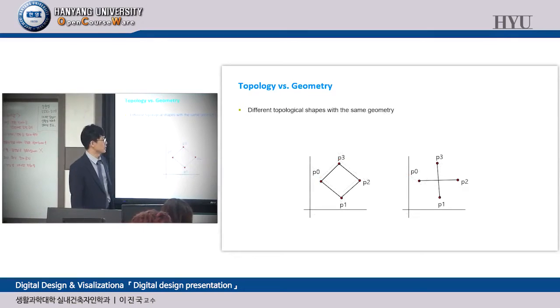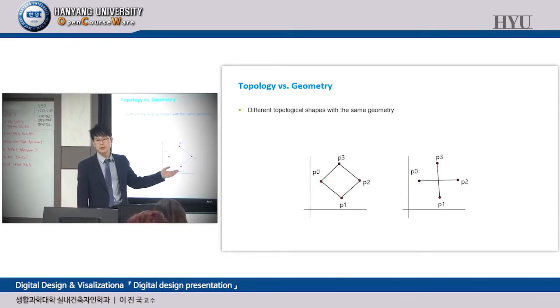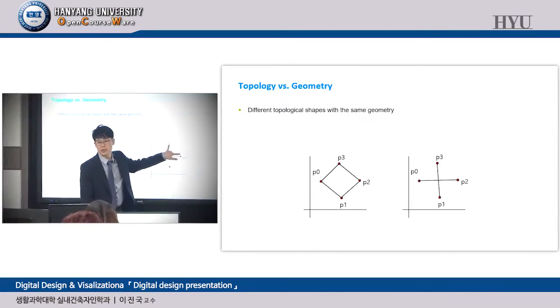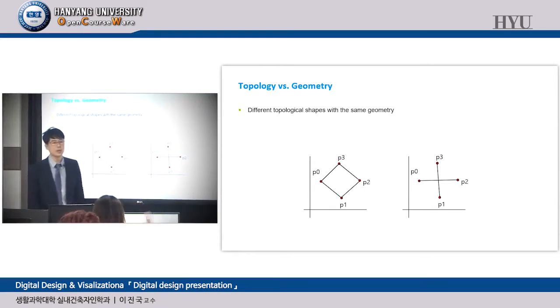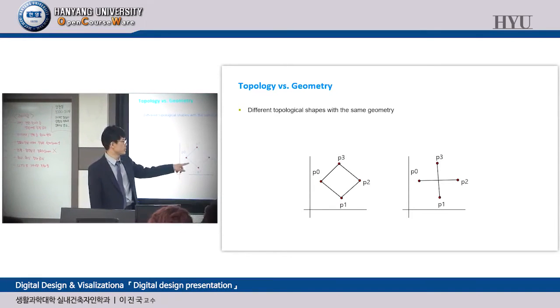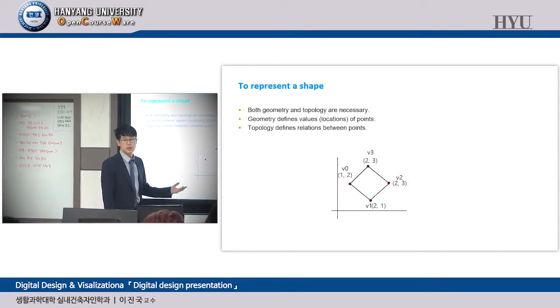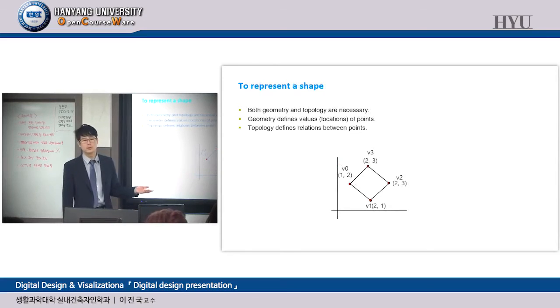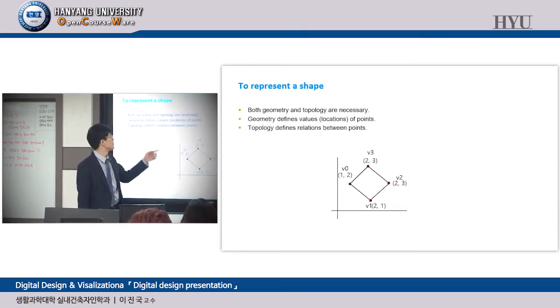How about this one? Same geometry in terms of the location of the points, okay? 4 points in the same location, but different relations. In other words, different topology makes totally different output. Take a look, rectangle shape and the cross. So what we need: geometry and topology, both are necessary, okay?